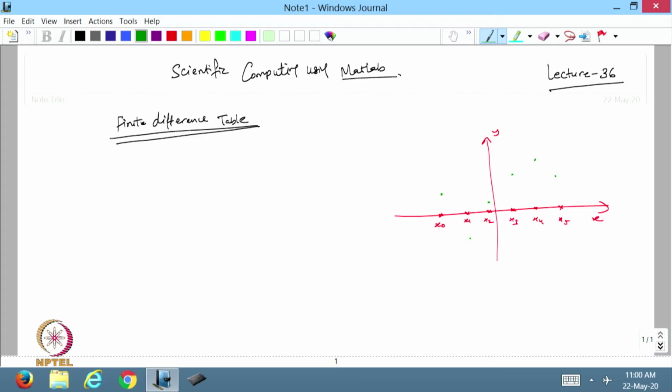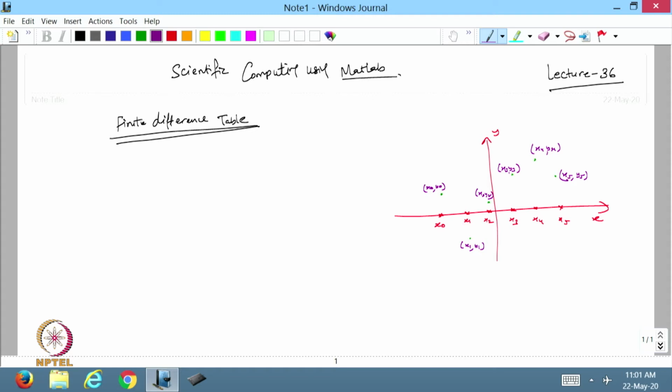So I will call this point x0, y0, then x1, y1, x2, y2, then x3, y3, x4, y4, x5, y5. All these points are given to us.